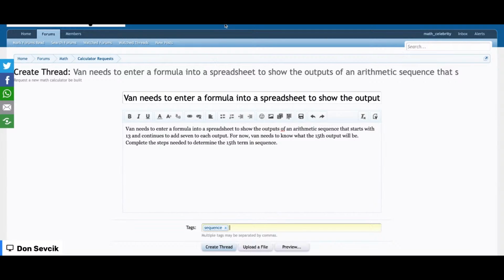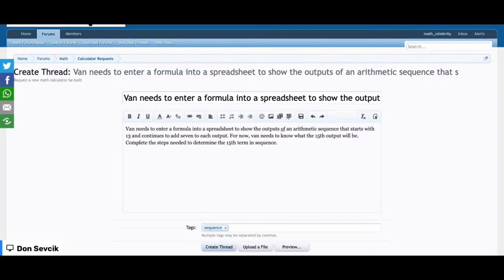All right, starts with 13 and adds 7. I'm going off camera here, by the way, because I may be able to do this without. Starts with 13, adds 7. Okay, great. First term is 13, adds 7. Expand the series.